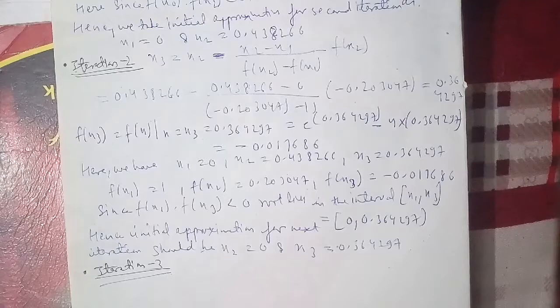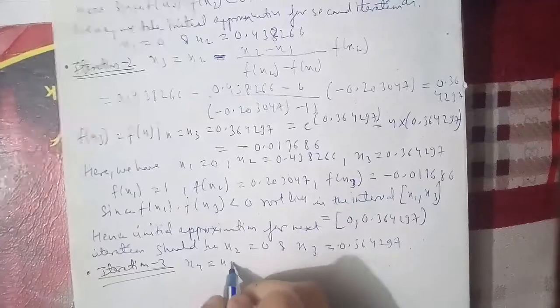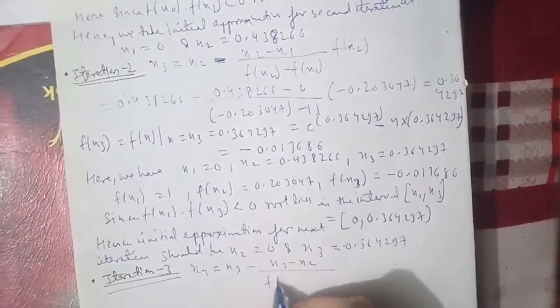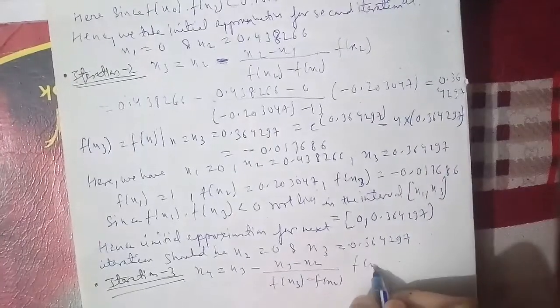For iteration 3, x4 = x3 - (x3 - x2) / (f(x3) - f(x2)) * f(x3).